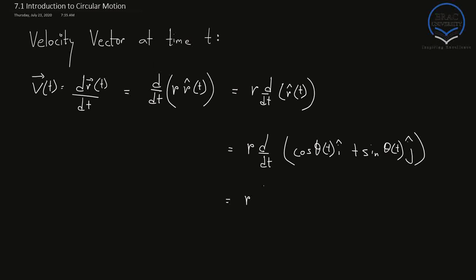You would have minus sine theta t d theta by dt i hat plus cos theta t d theta by dt j hat. Do you know what we did here? We used something called the chain rule.